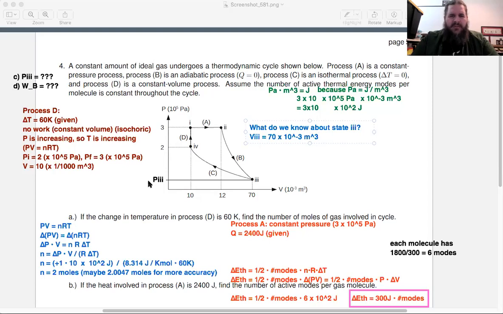We don't know its pressure. We do know that it is linked to points 2 and 4 by some processes. Would any of those processes be really useful for getting information about volume or how volume and pressure are related? Because I notice we do know the volume and pressure at point 2, and we know the volume and pressure at point 4. Do we know anything about process B or process C that would involve something not changing in a useful way?